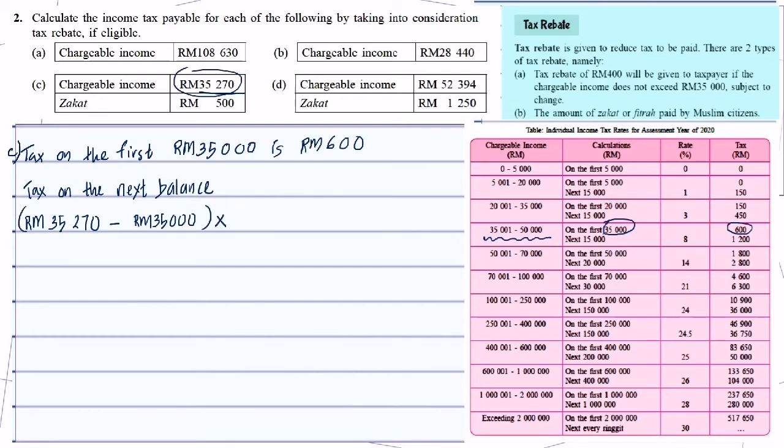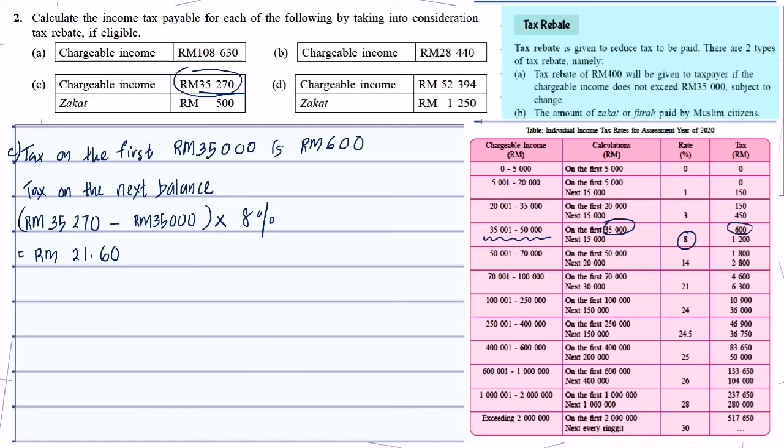Okay, what is the rate for the next balance? 8%. Okay, so you will obtain 21 ringgit 60 cent.